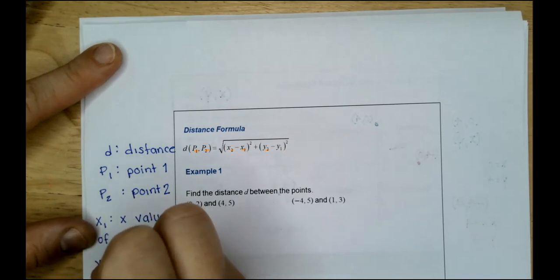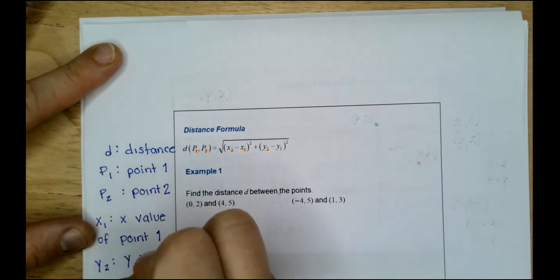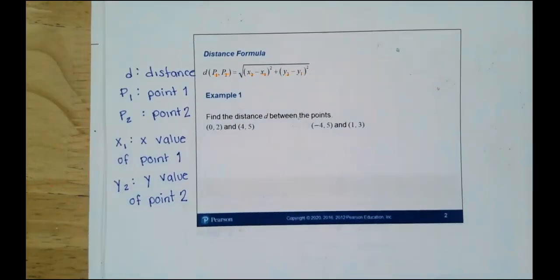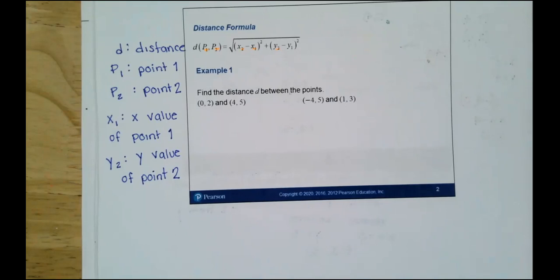Y2 similarly would just be your y value of point 2. Just to make that clear what the subscripts are. Every point has a location with an x and a y, so it's never just going to be one number. So P1 will have x sub 1 and y sub 1 as its ordered pair.